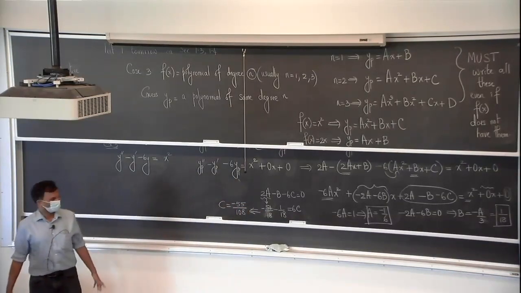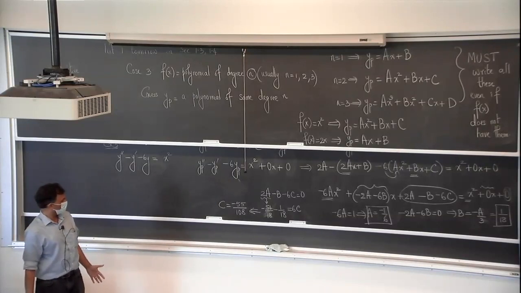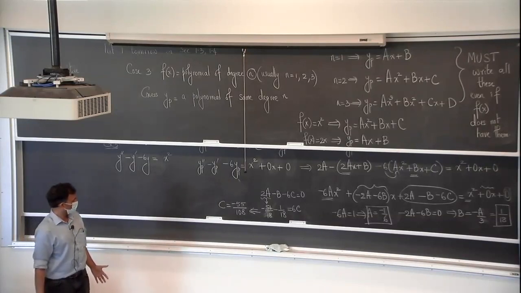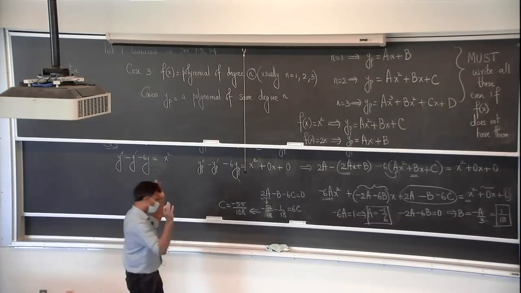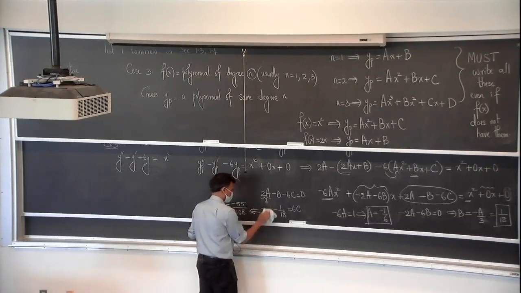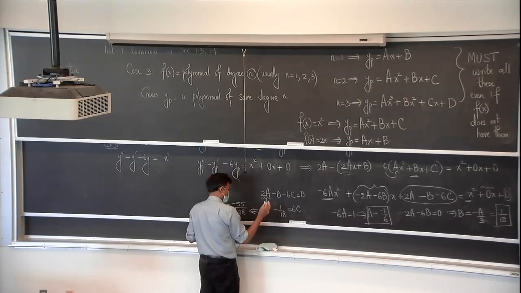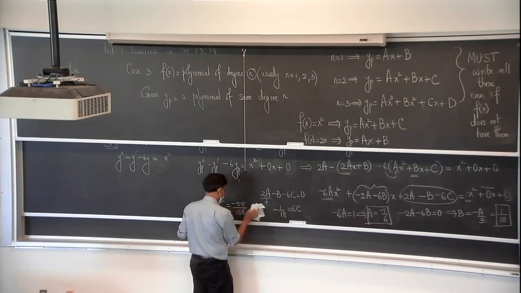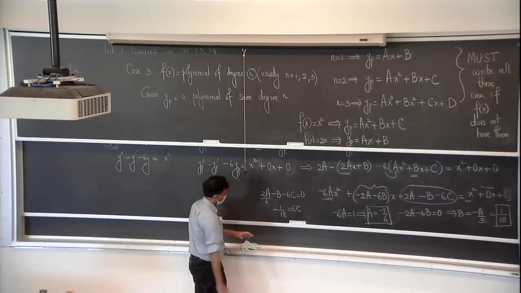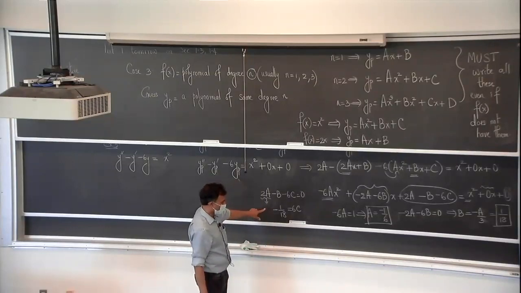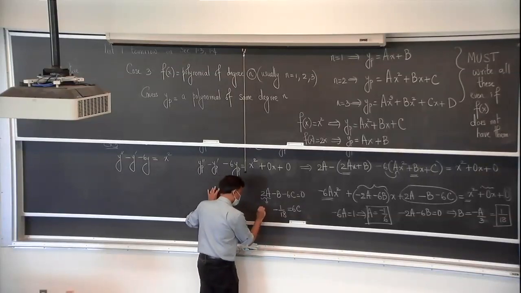Oh my gosh, that is awful. Okay, so what was here before? Negative 1/3. So to get c, multiplying by 6, right?